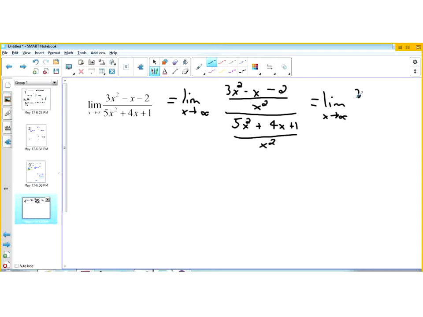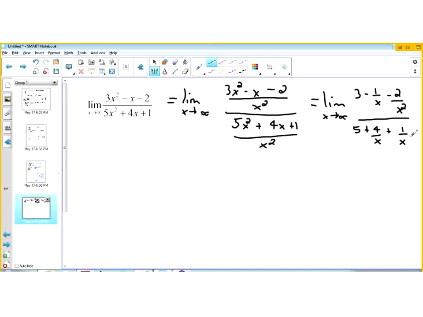Okay, so we'll do the division. So we'll have 3 minus 1 over x minus 2 over x squared in the numerator. And then we'll do the division in the denominator, and we'll have 5 plus 4 over x plus 1 over x squared in the denominator.